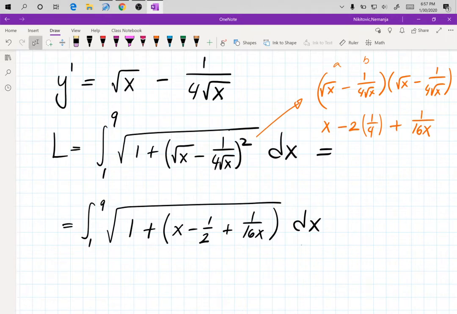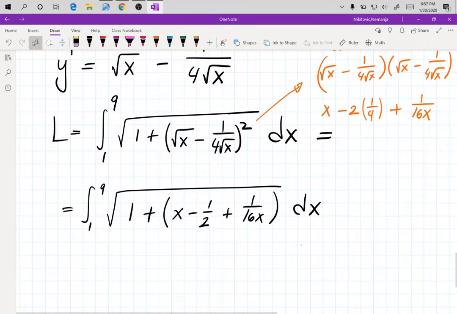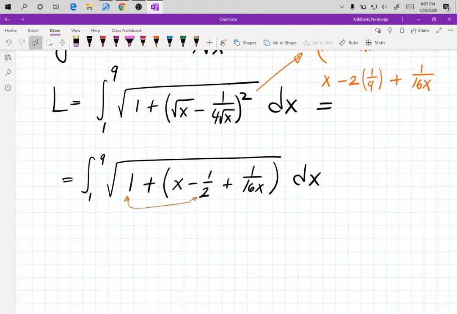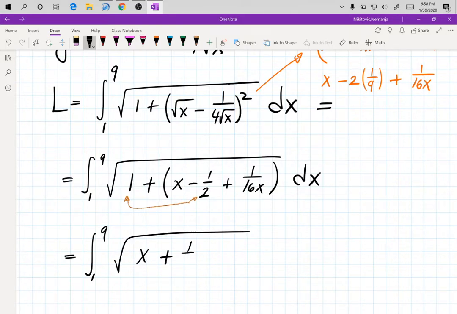No, I don't, right? So what can I combine? I can combine 1/2, right? And what do I get? 1 minus half is half. You know what? I'm going to keep that half in the middle. So square root of x plus 1/2 plus 1 over 16x dx.